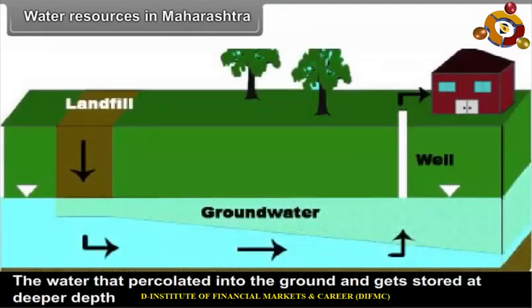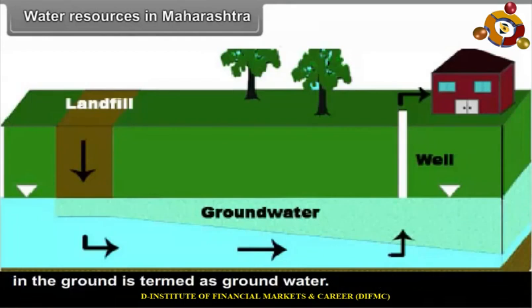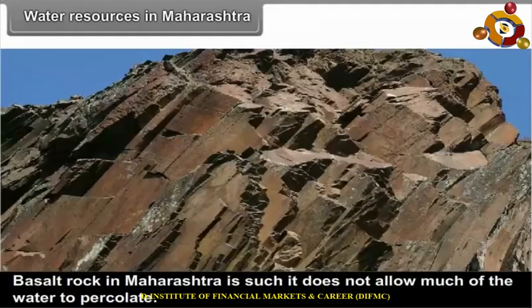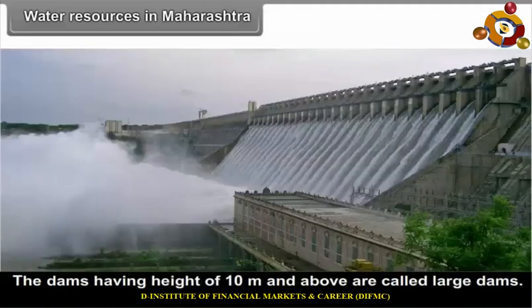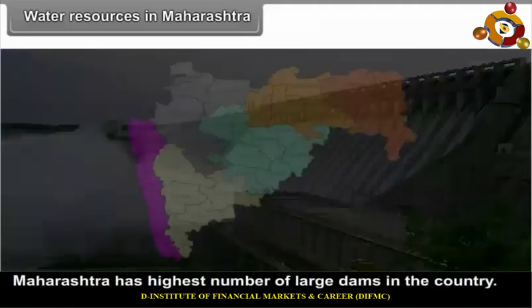The water that percolates into the ground and gets stored at deeper depths is termed as groundwater. Basalt rock in Maharashtra is such that it does not allow much of the water to percolate. The dams having height of 10 meters and above are called large dams.